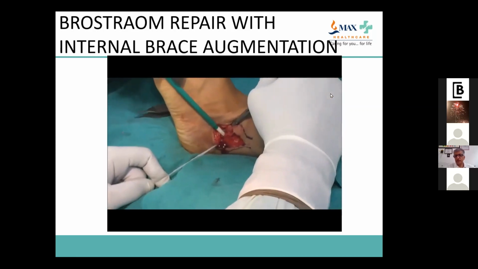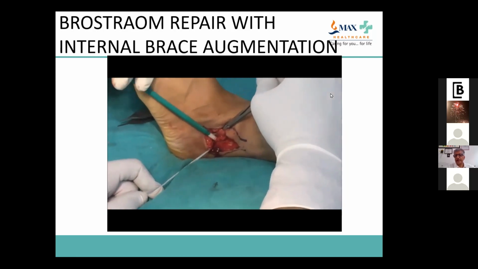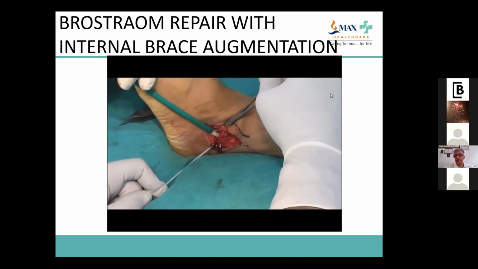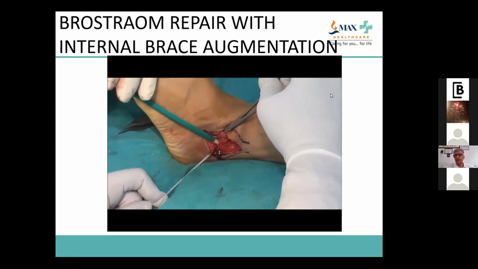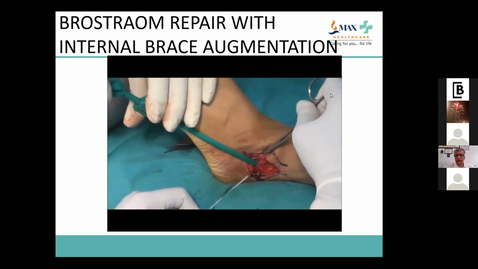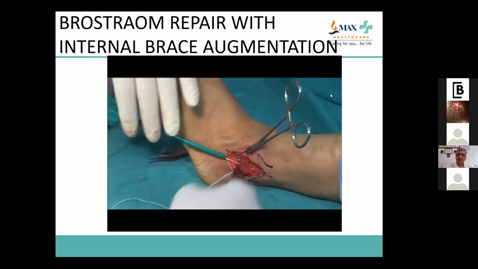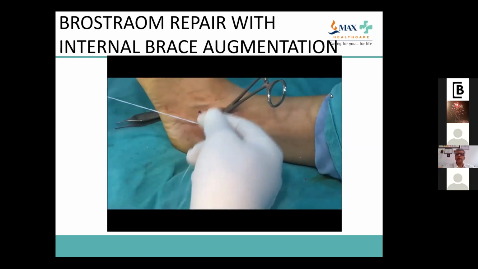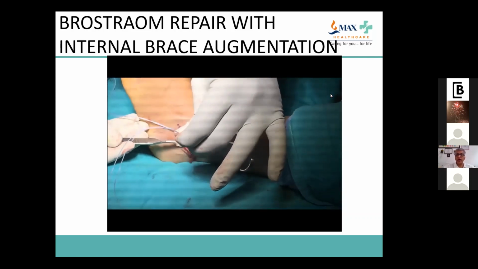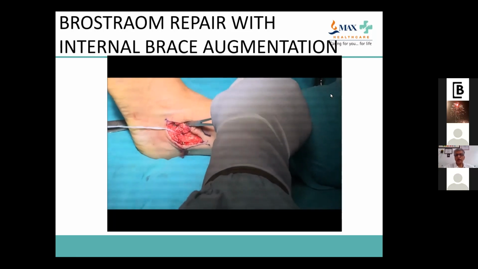Then this suture tape is tightened by inserting the other end into the distal fibula. When we are tightening it, we see to it that we don't overtighten it. So one mosquito tip is kept under this tape to prevent overtightening of this fiber tape. And so this is called internal brace augmentation.